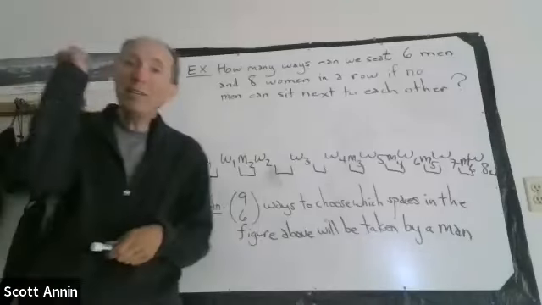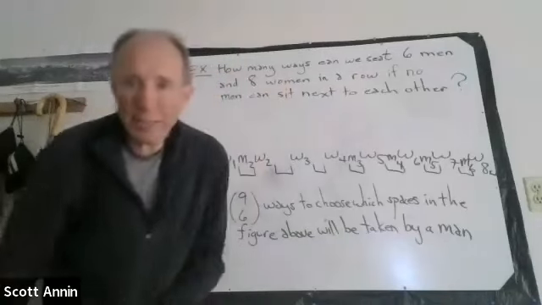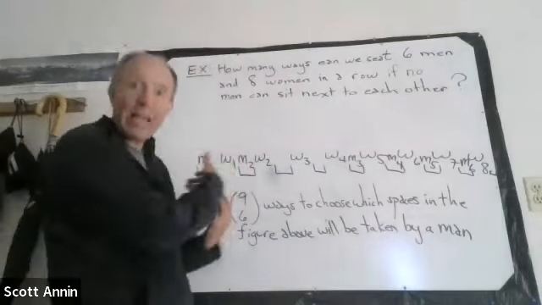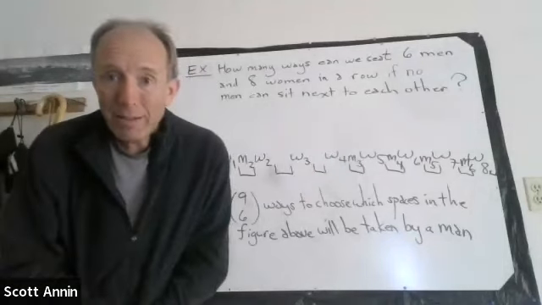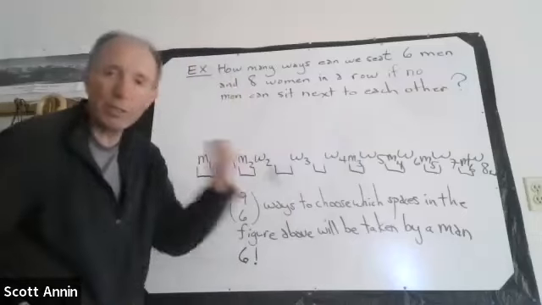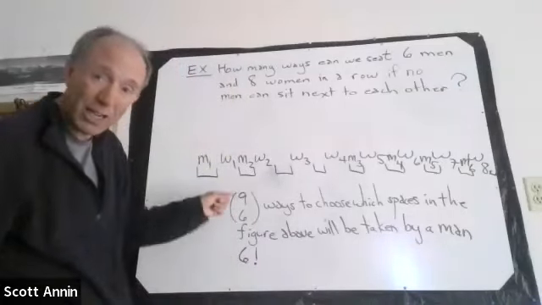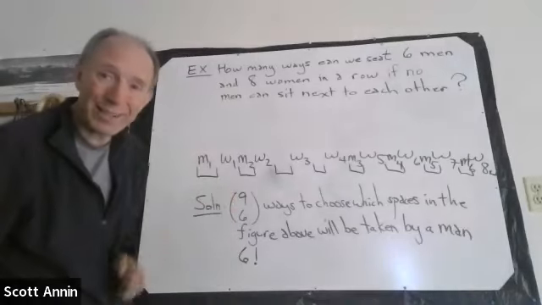Well, we need to actually choose which man goes in which of the 6 men's seats. We have 6 men and we have now 6 seats for them. So there would be 6 factorial ways to put them in those seats, right? So we're seeing permutations and combinations together in the same answer.